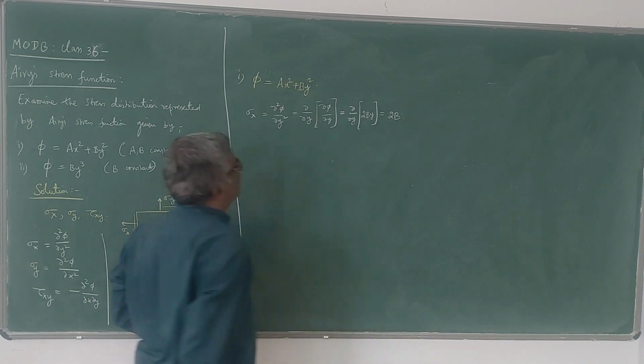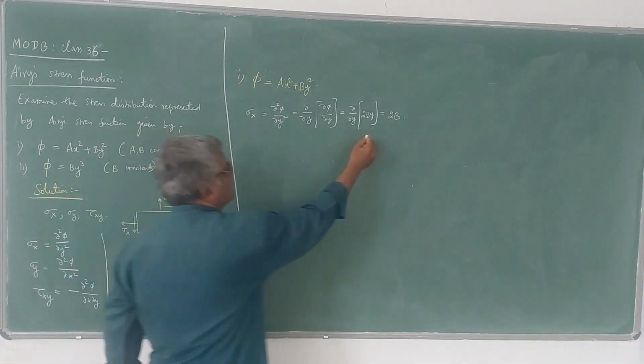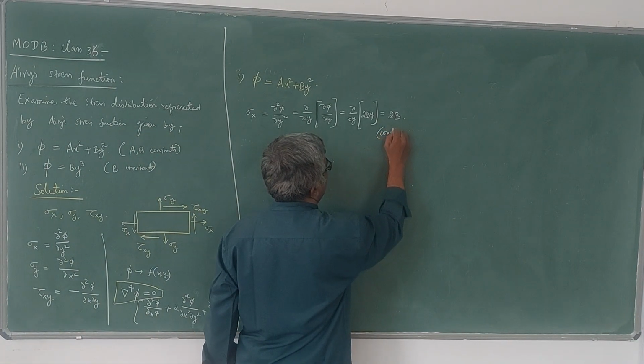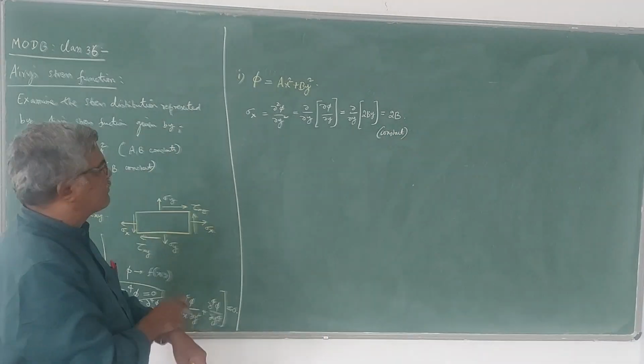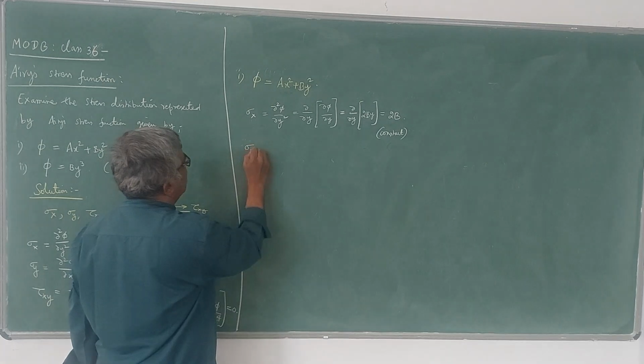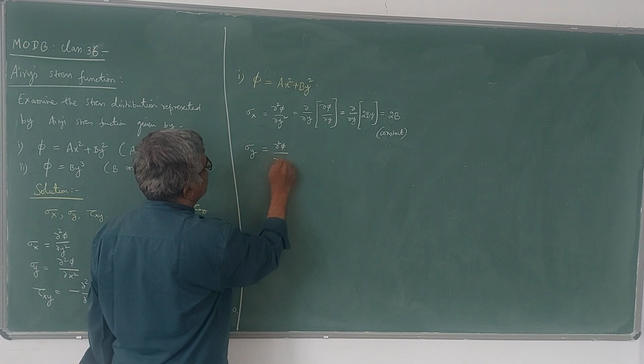So what we got here is sigma x is 2b. That 2b once again is a constant, because b is a constant, 2b is constant. It doesn't depend on x and y values. Similarly, sigma y is dou square phi by dou x square.